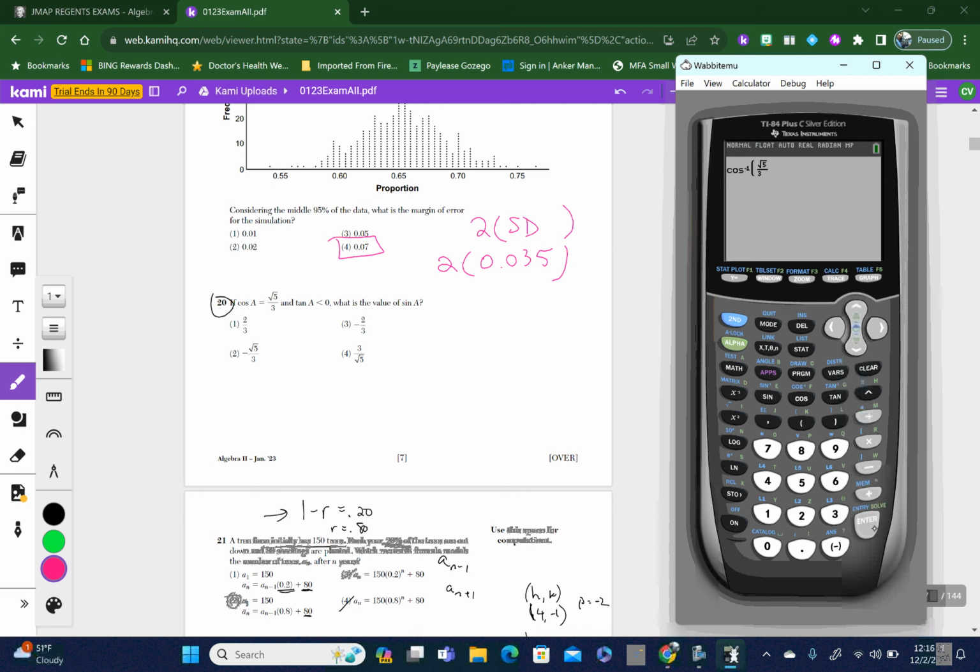Hit enter and you get this. So that's your angle. And now we want to find the sine of that angle. So you hit sine, S-I-N, and go up and grab that and hit enter. And then see which answer matches. And so this one right here, if I plug this in, hit math, fraction, hit enter, I get 2/3.